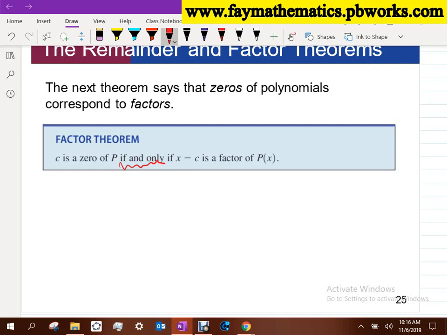Okay? So what I'm going to write is if c is a 0, then x minus c is a factor of P of x. So when I see if and only if, basically what I do is I wipe it out, I put the word then there, and then I write the word if out front.